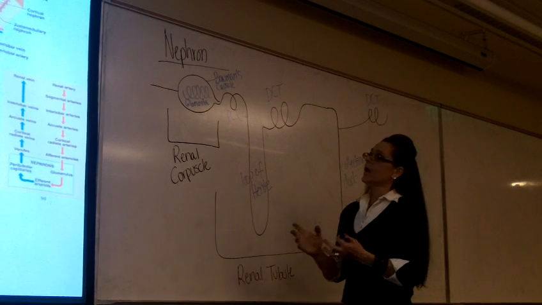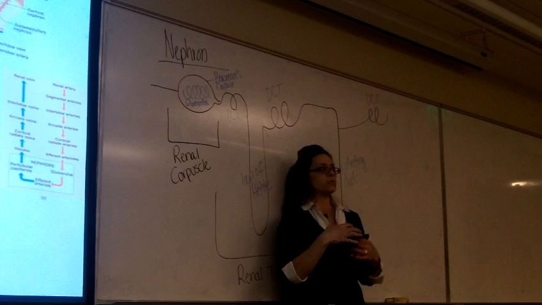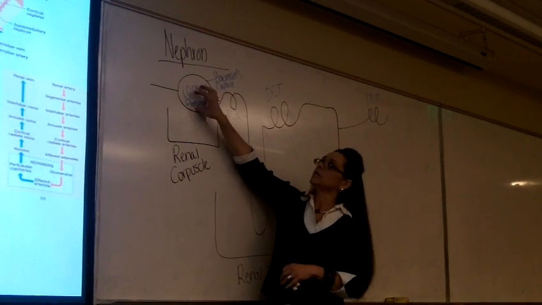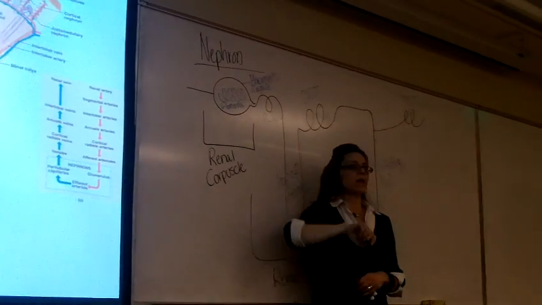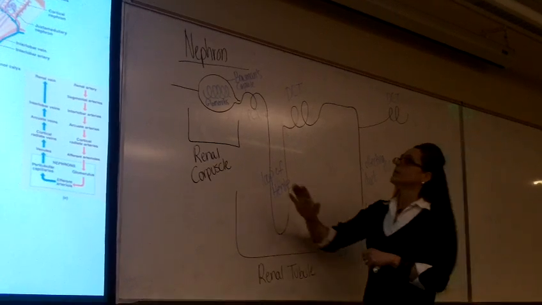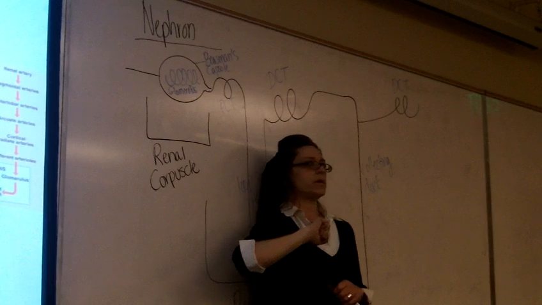So what you're going to have is this filtrate being produced. We're going to filter the blood, and that's going to happen here between the glomerulus and Bowman's capsule. And again, we're going to go into lots of detail about what's going on there. But this is where we're first going to filter the blood, at these massive capillaries.